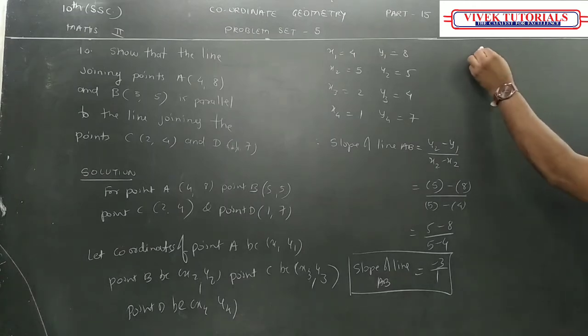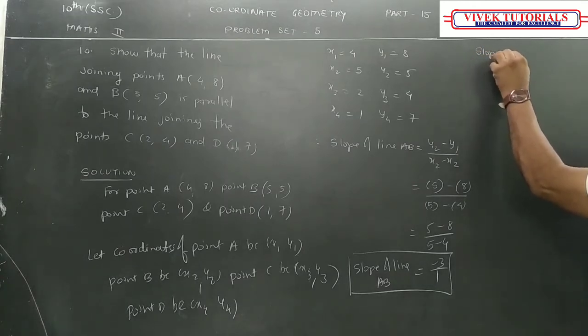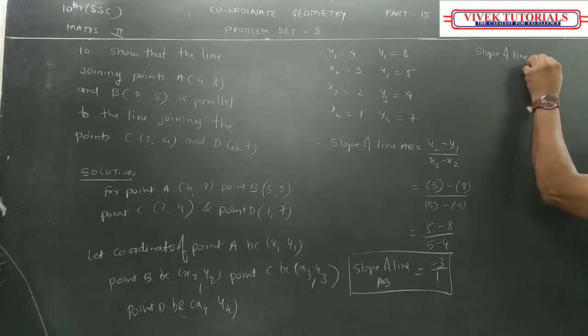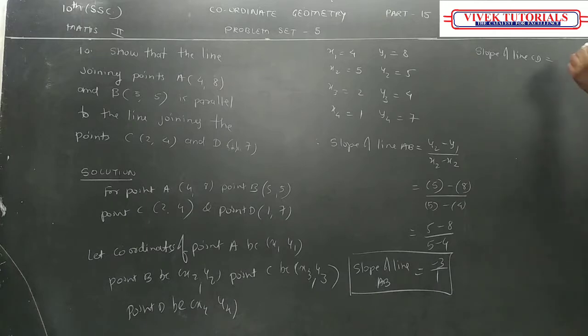And slope of line CD is equal to y4 minus y3 upon x4 minus x3. y4 is 7 minus 4 upon 1 minus 2.